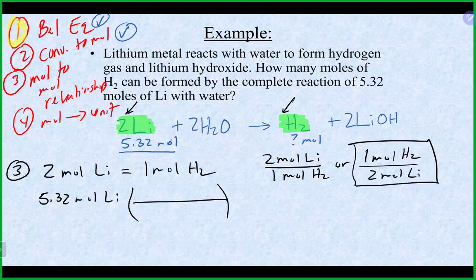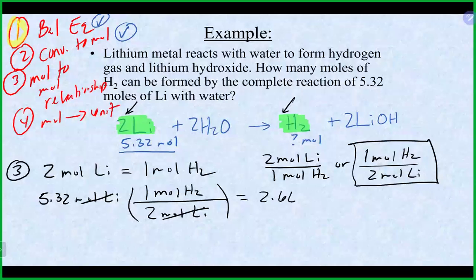So it is going to be the conversion factor here on the right that's going to work, and that is the stoichiometry move. If you blink, you might miss it. It is just a conversion factor here. And our moles of lithium are going to cancel, so we're essentially going to take 5.32 divided by 2. That will give me 2.66 moles of hydrogen.